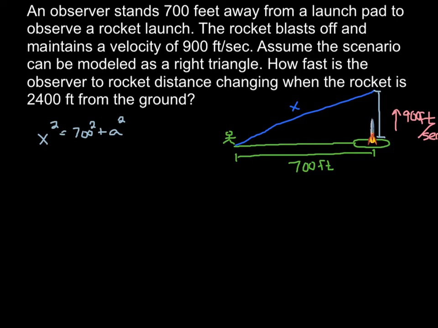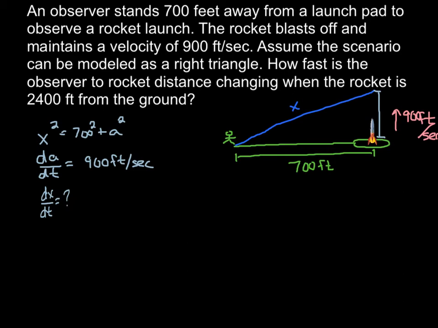So that means the derivative of the change in the altitude over the change of time is equal to 900 feet per second. Velocity is the change in position over change in time. In this case, the change in position is dealing with altitude. And what else do we know? We're trying to find the change in the distance from the observer to the rocket. So that means we're trying to find the change in x, the derivative of x with respect to time.